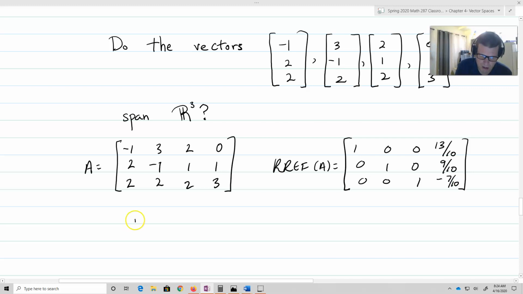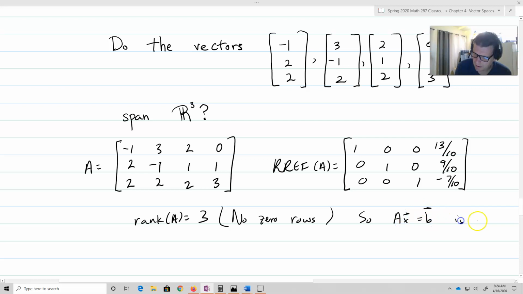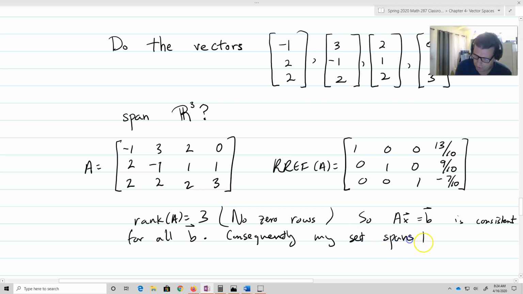When I look at this, the rank of A equals 3, no zero rows. So AX equals B is consistent for all B. Consequently, my set spans R3.